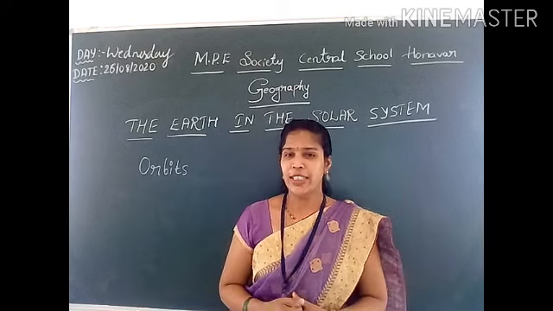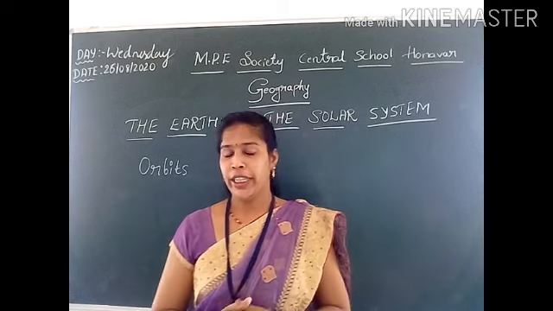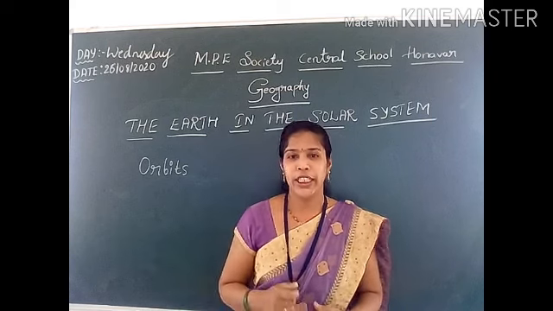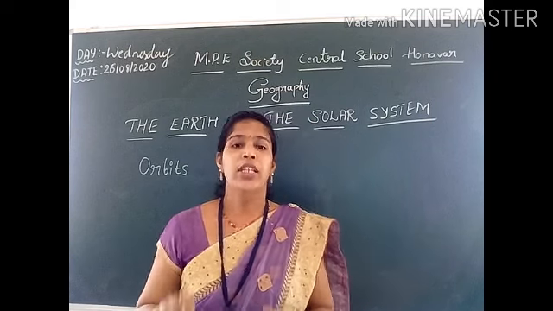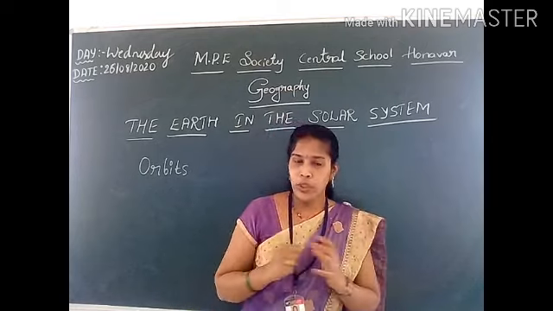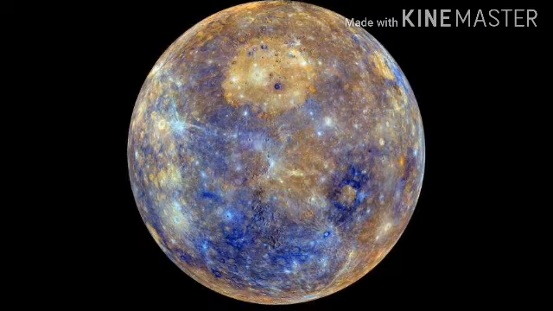Mercury is the nearest planet to the Sun. It takes only about 88 days to move around the Sun on its own orbit. This is the planet Mercury, which is the nearest planet to the Sun.